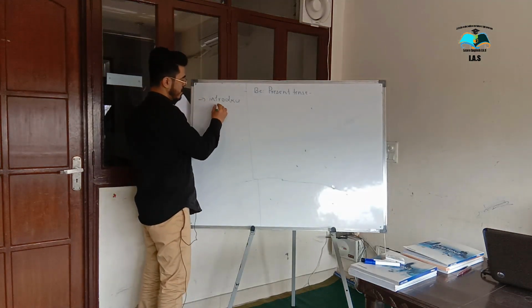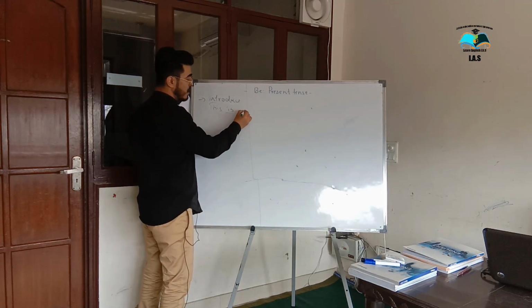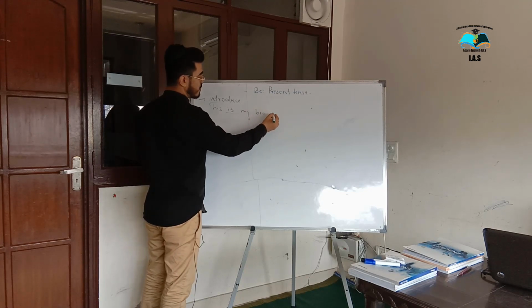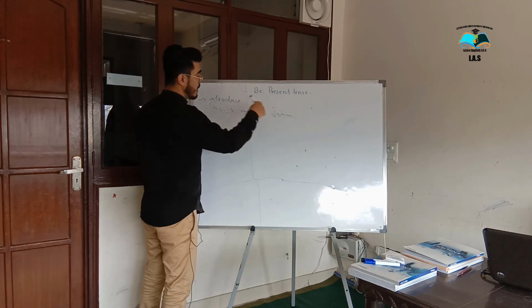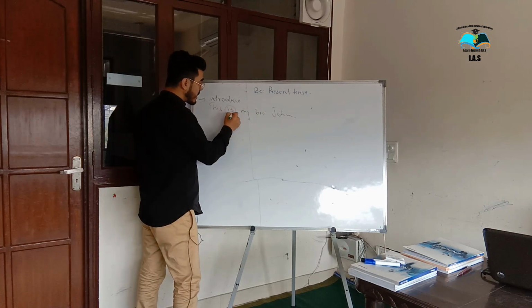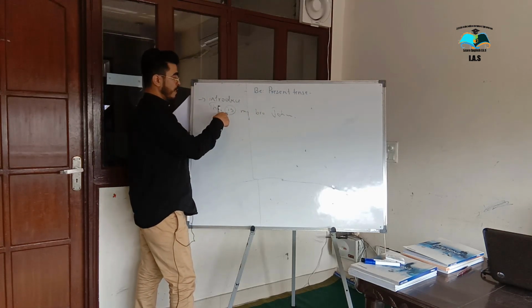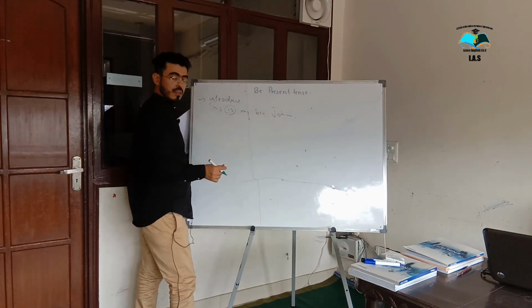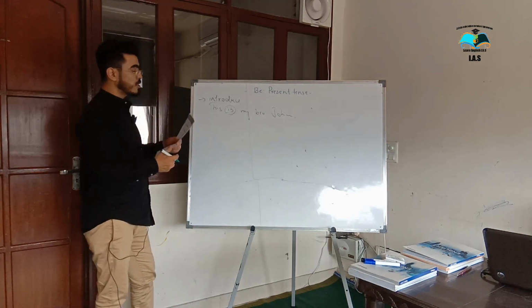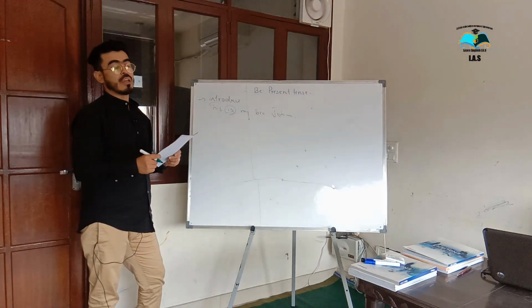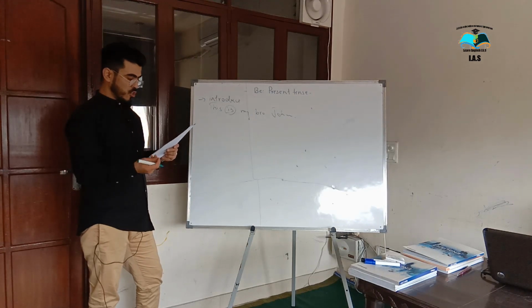This is my brother John, right? So in this example, again I'm using be to introduce my family. As I told you, we use be for introduction, or if you want to introduce people.